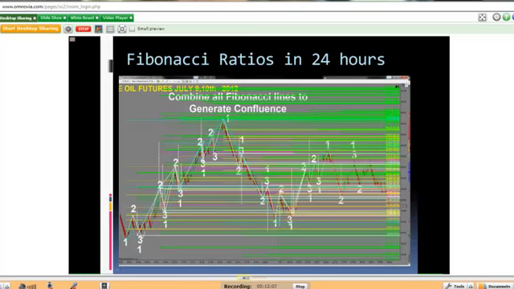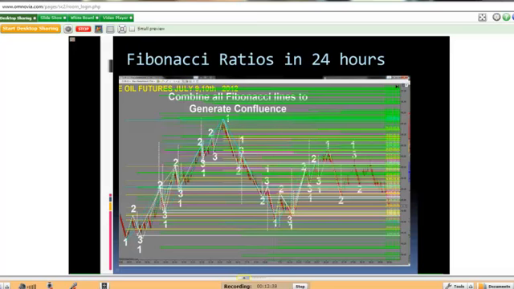What our software does is it ranks them, sorts them, and we've noticed that higher time frames have a higher chance of turning the market. So the ratios from a higher time frame are more important. We've also noticed that ratios that have a higher number, meaning let's say a 261% projection, typically has a little bit more stopping power than 138% projection.